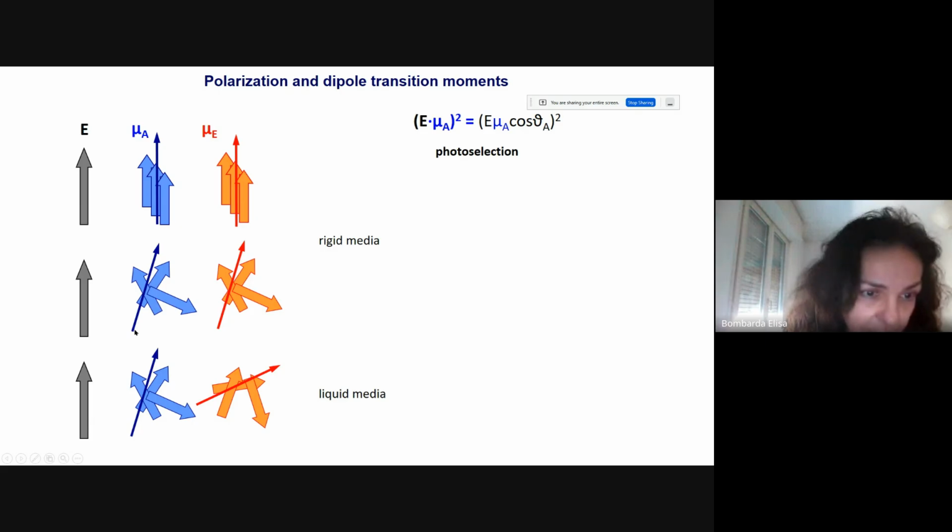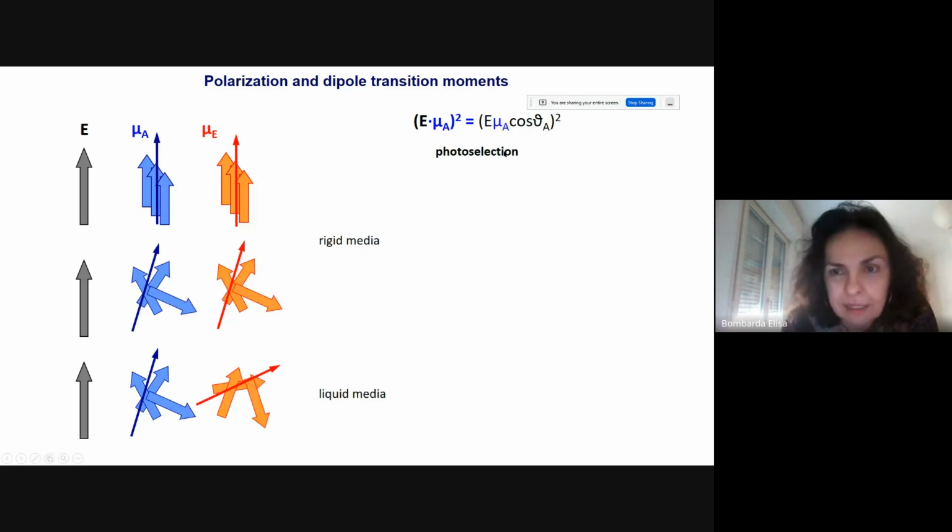On average, there is a sort of angle between the transition moments, and so the photoselection will be less. Okay, so that is concerning absorption.